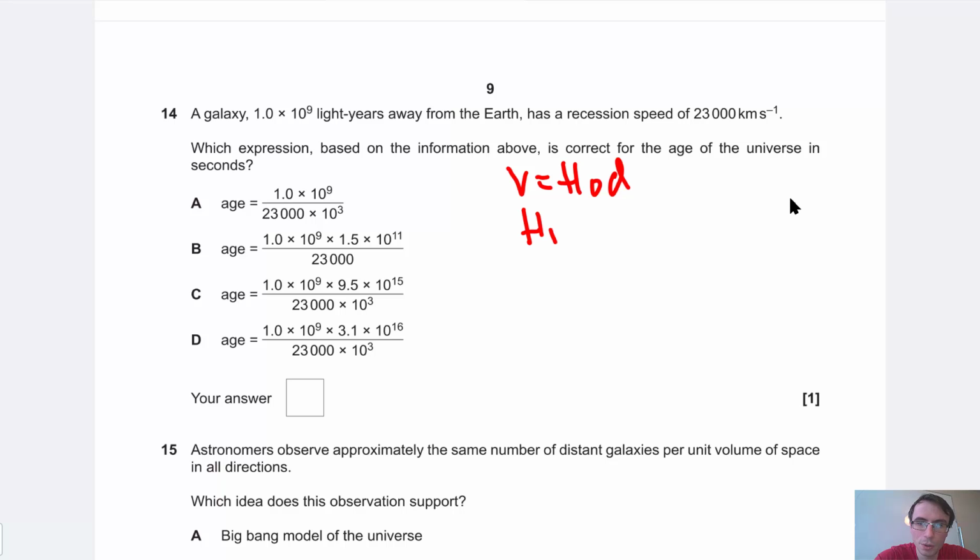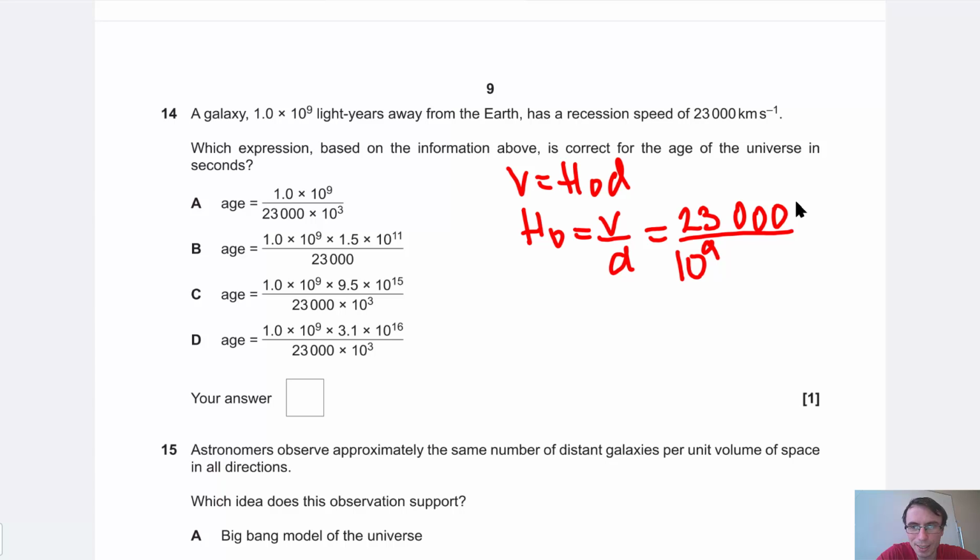Okay, so H naught will be v over d, which is 23 kilometers per second, divided by the amount of light years, which I'm going to need to convert to seconds.